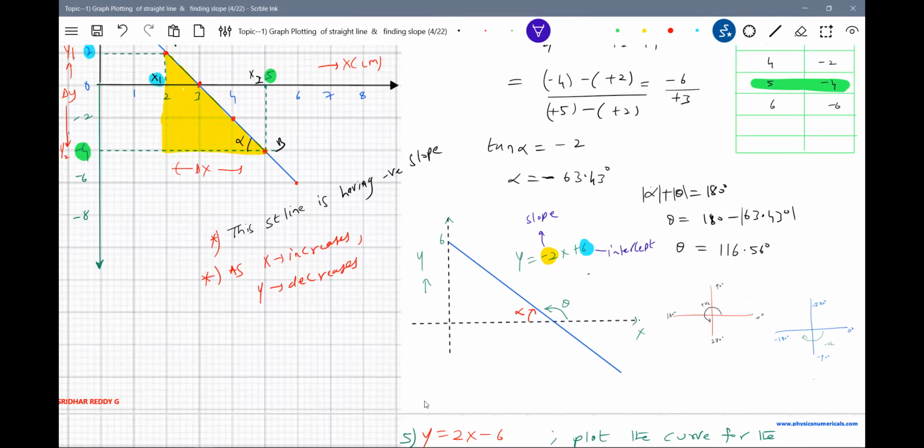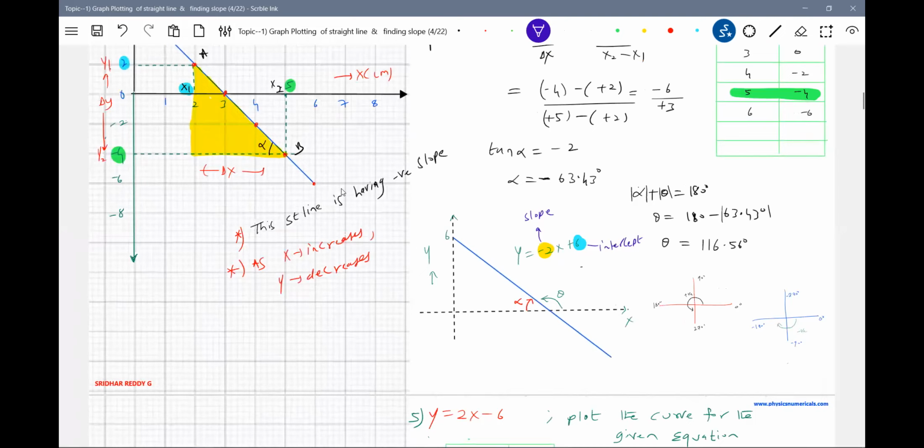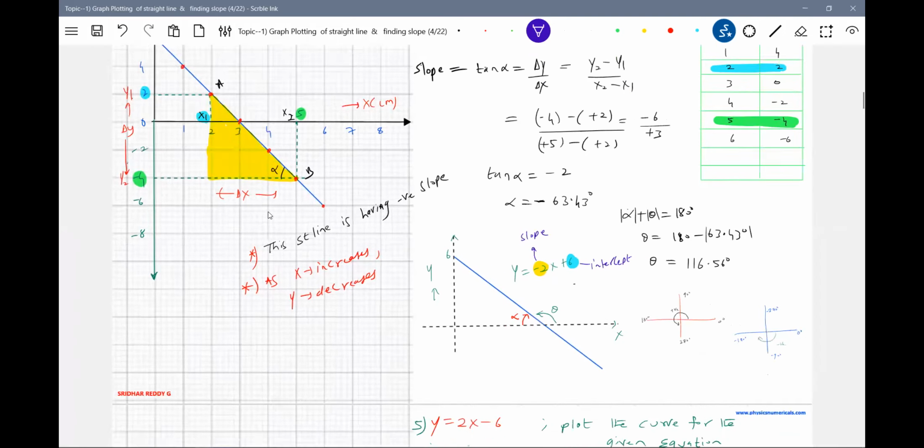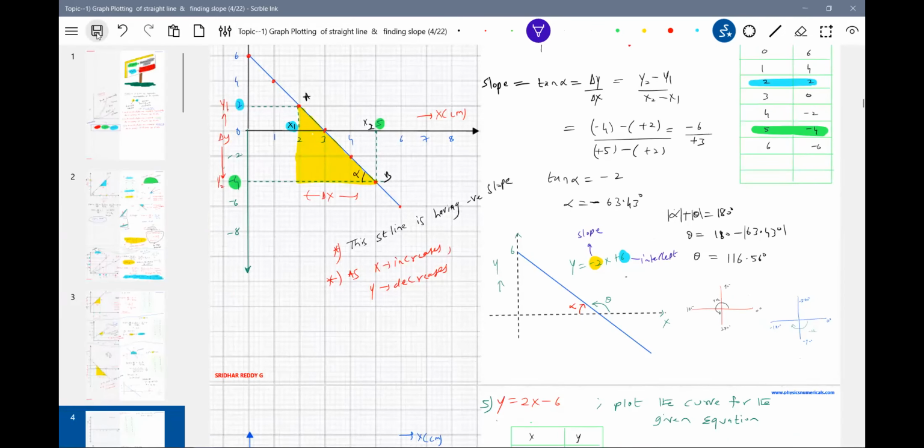Sir, I'm not understanding. See, you should have a very generalized idea. Very generalized idea means, let me save the content.